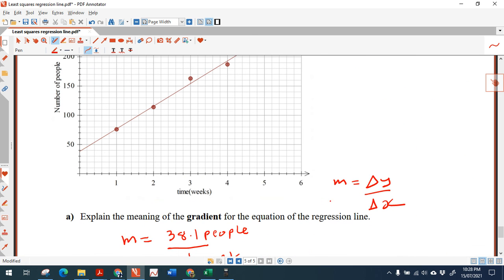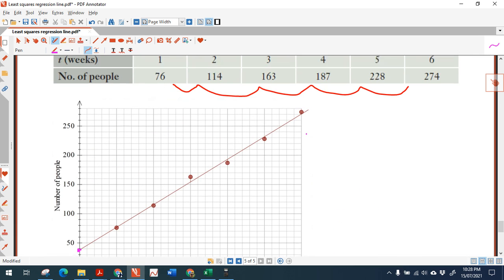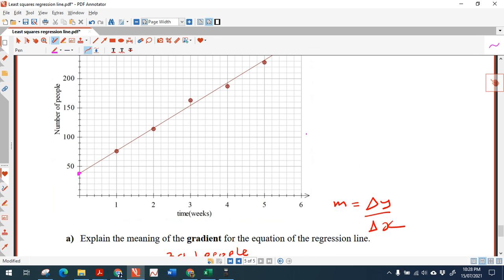Now, just lastly, which the question didn't ask, but you could ask, what does the y-intercept stand for? So y-intercept is just here. That could be a feasible question. Now the y-intercept of the line is, according to the equation, 38.7. So you could say that at 0 weeks, okay, obviously after 1 week about 38 people have increased their attendance.